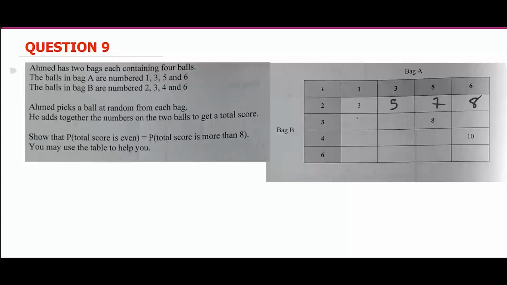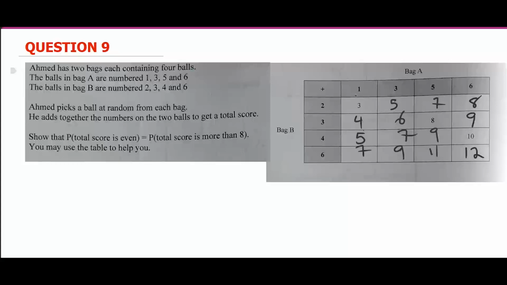If you come down here, you're going to have 4, 6, 8, and 9. If you come down here, we are going to have 5, 7, 9, and 10. And the last row, we are going to get 7, 9, 11, and 12.